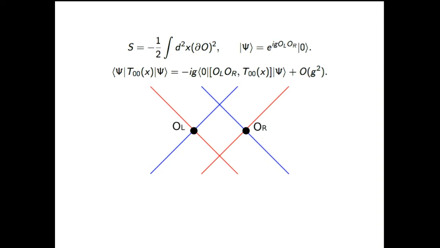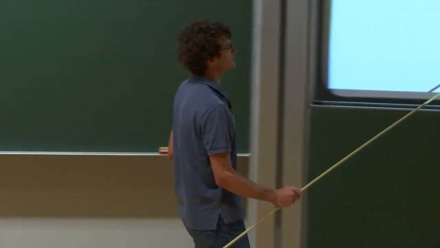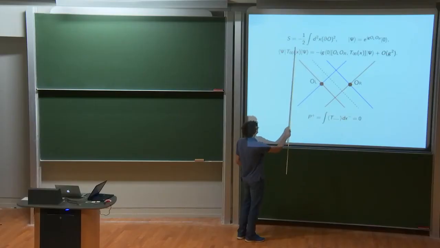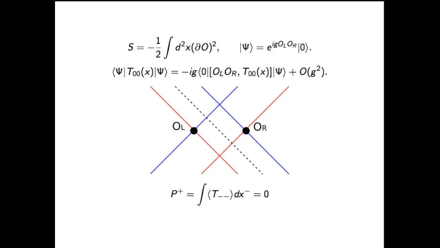If g is negative, then of course it's the opposite, because this term was just the linear term in g. So we can imagine now computing this average null energy quantity by integrating the minus minus component of the stress tensor over this infinite locus here, this dashed line. That gives us p plus. And, well, that's 0. It's 0 because of a cancellation between a negative term here and a positive term here.